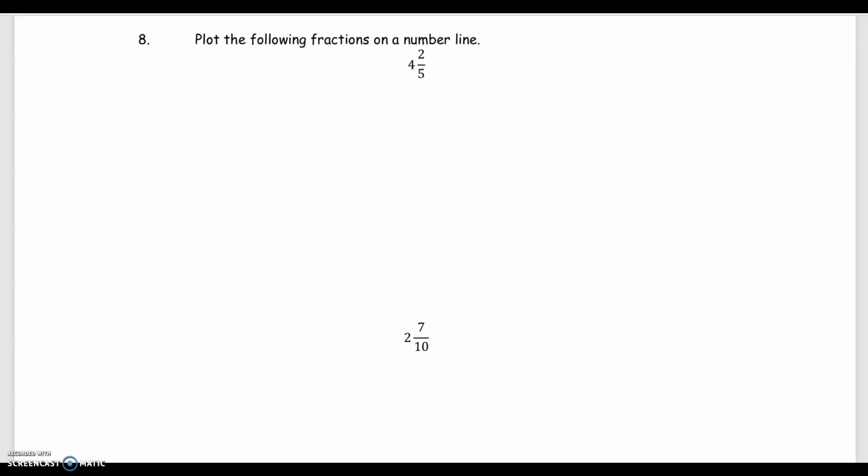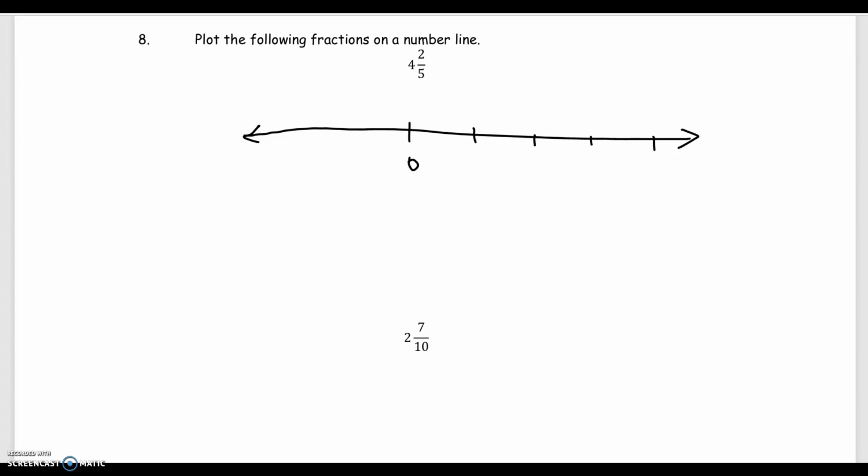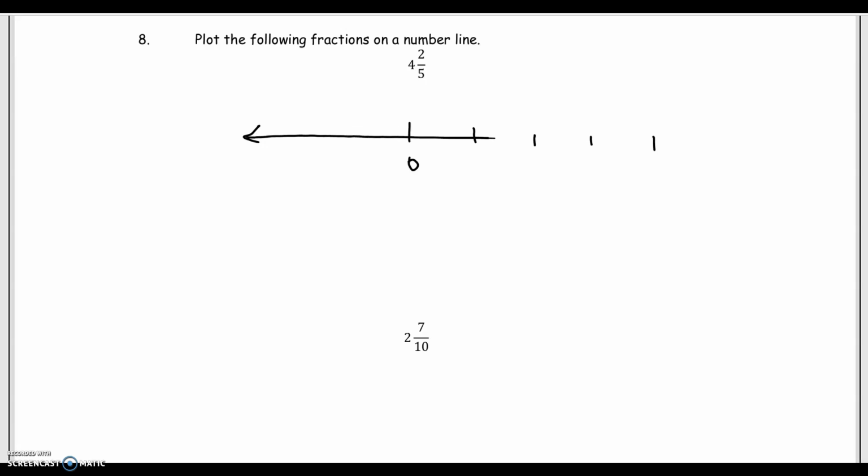Now we're going to understand mixed numbers by looking at these mixed numbers on a number line. So here is a number line: 0, 1, 2, 3, 4, and I'm going to extend this. And then 5.